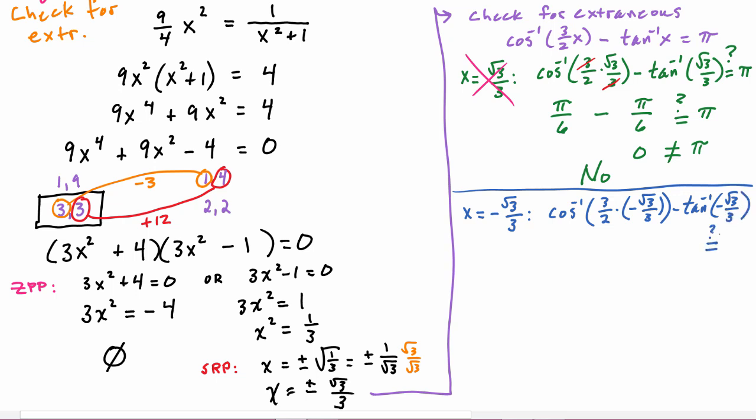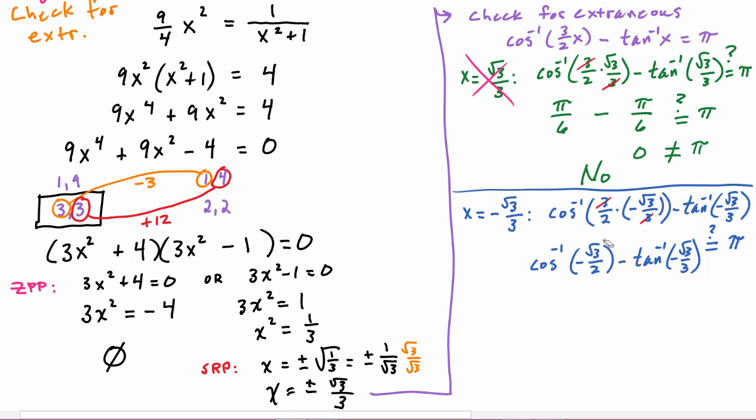Does that equal pi? So let's simplify here. These 3's are going to cancel again. And what's really happening is we're doing the cosine inverse of negative radical 3 over 2 minus the tangent inverse of negative root 3 over 3, and we're seeing if that equals pi.